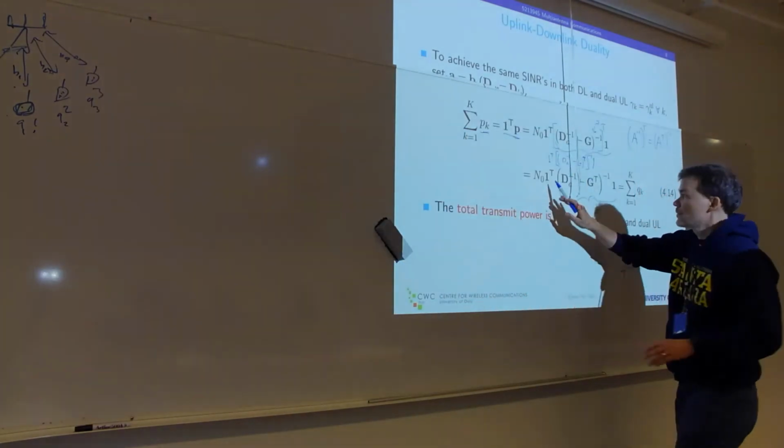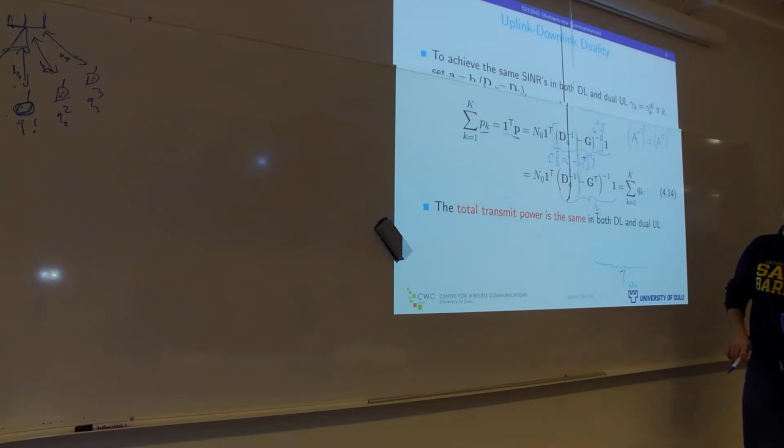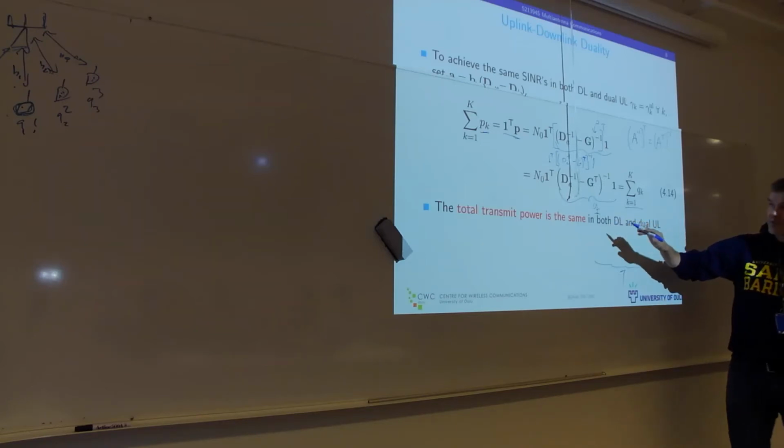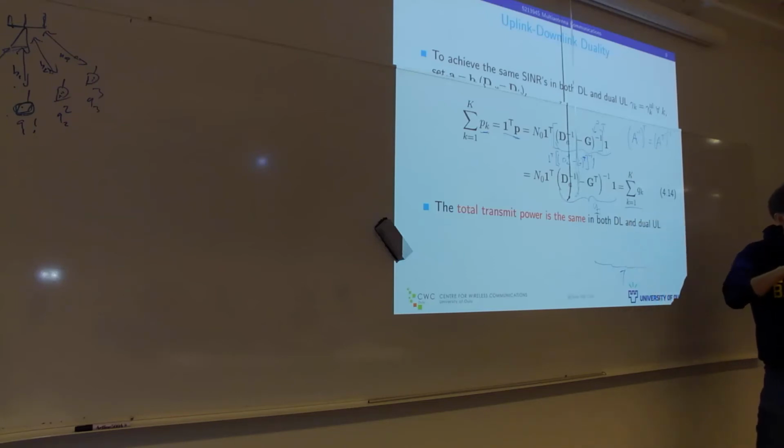So multiplying the Q vector by the transpose of the one vector from the left is equivalent to summing up the powers. So given the same SINR constraint and the fixed normalized beamformers U, the sum of transmit powers in downlink and uplink, not the individual Q and P, are exactly the same.